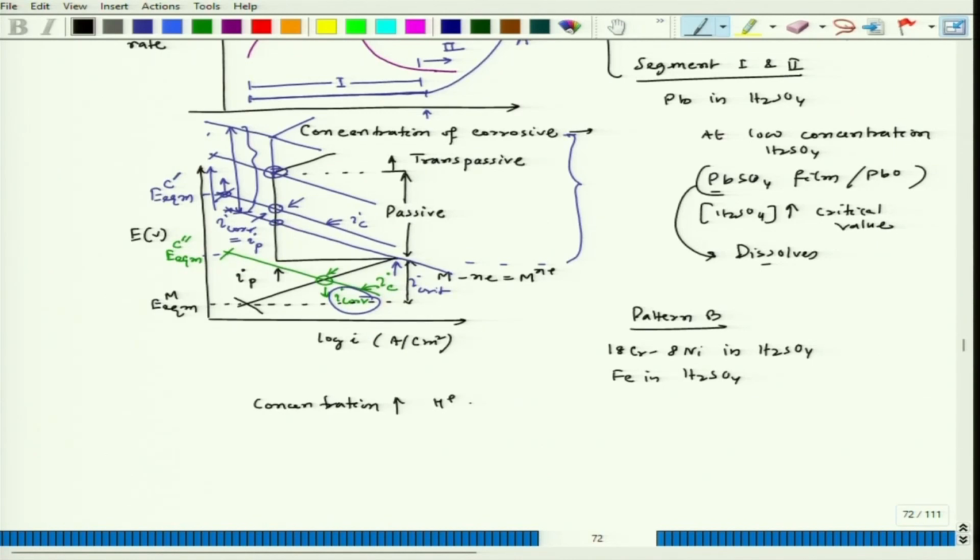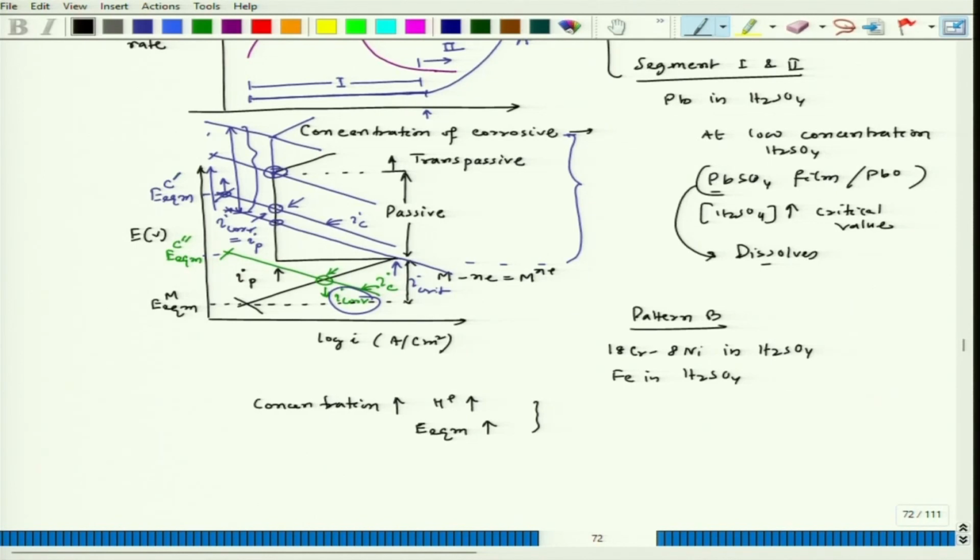H+ ion concentration also increases. So as H+ ion concentration increases, that means the equilibrium potential for hydrogen also increases, because hydrogen ion concentration is increasing. And hence I would see, because hydrogen ion is basically an oxidant and we are increasing the oxidant concentration, corrosion rate increases.